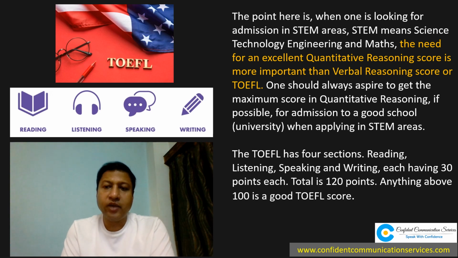This particularly when one is applying in STEM areas. The TOEFL has 4 sections: reading, listening, speaking, and writing, each having 30 points each. Total is 120 points. Anything above 100 is a good TOEFL score.